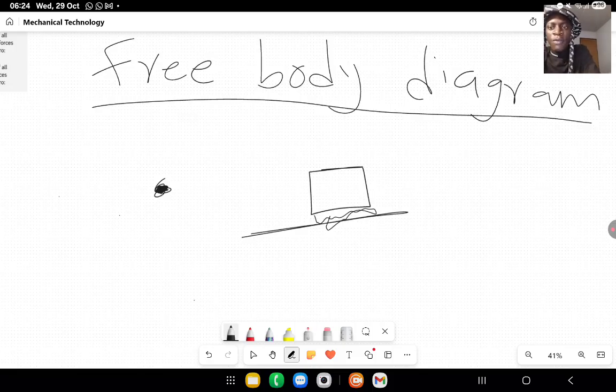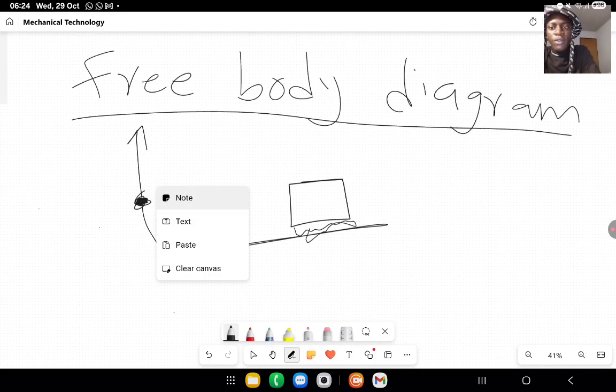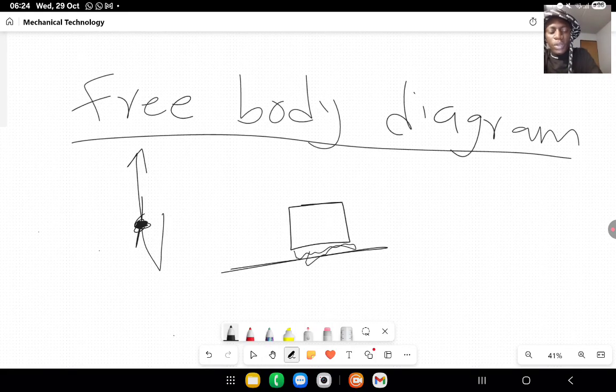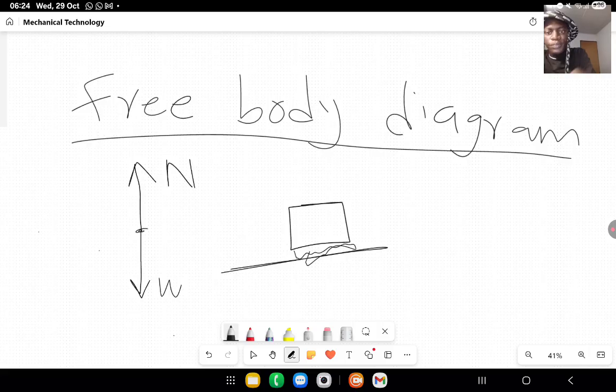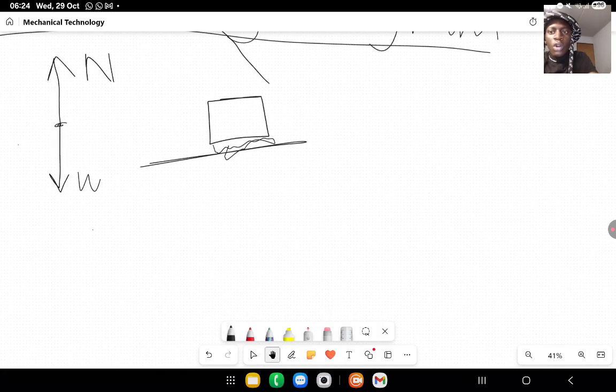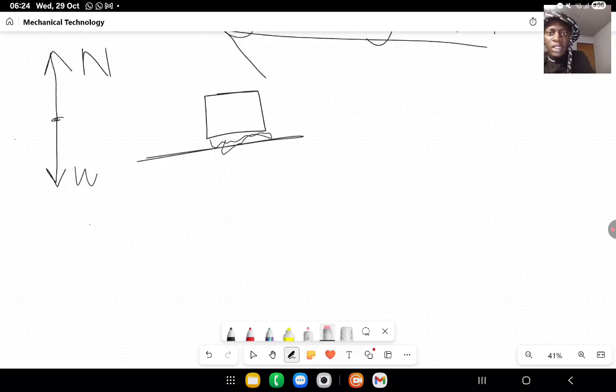That means we will have a normal force, which is always perpendicular to the surface, and we always have weight. We'll have it like this: normal force and weight. You see, we have represented all forces acting on this object.